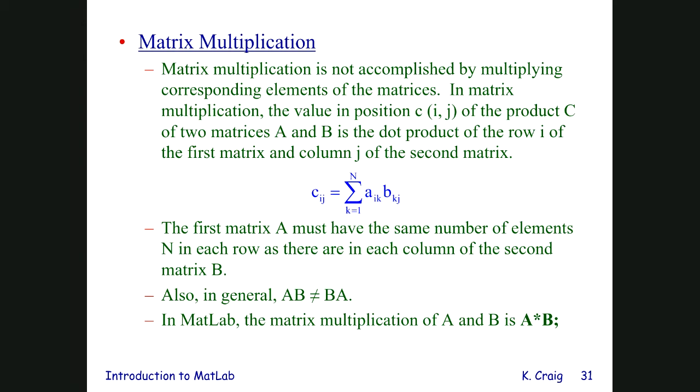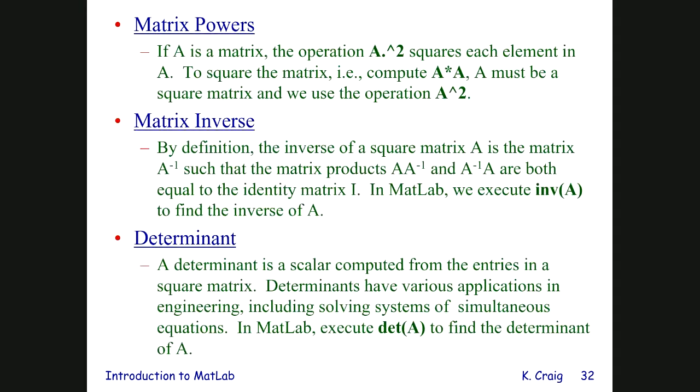That's another multiplication you can do. It's not the real matrix multiplication. You can find the inverse of a matrix by inverse of A. You can find the square of a matrix, that is A times A. For example, A dot exponent 2 means element by element square of matrix A.